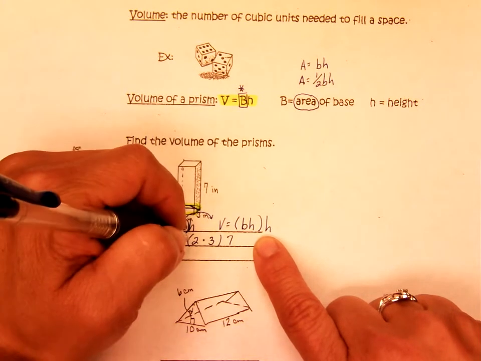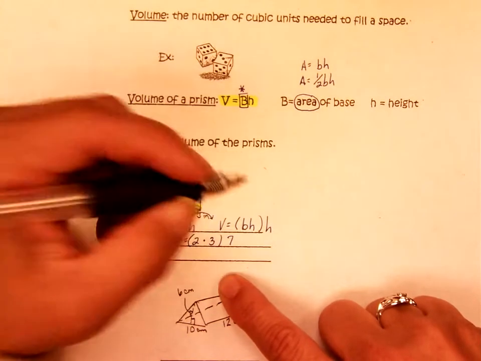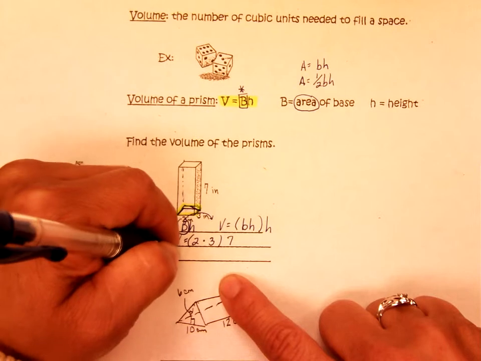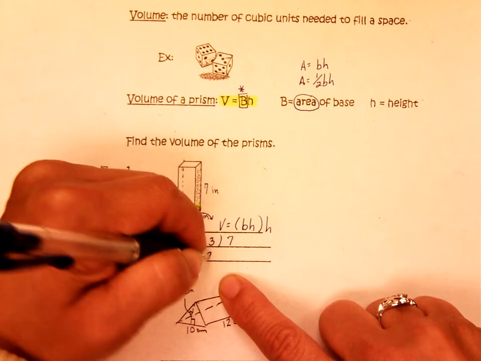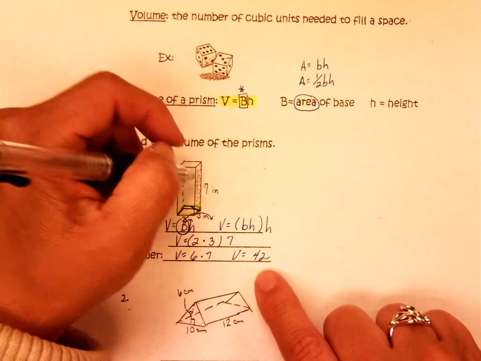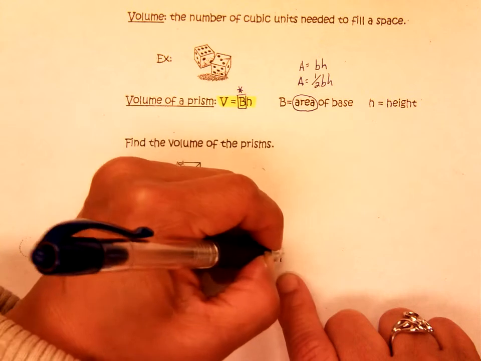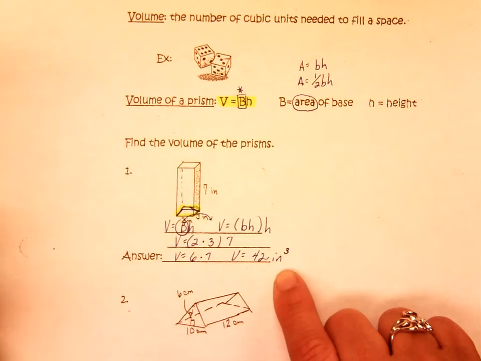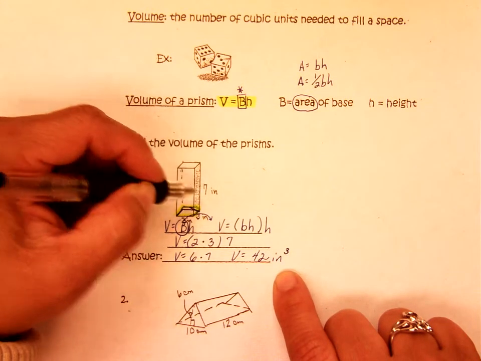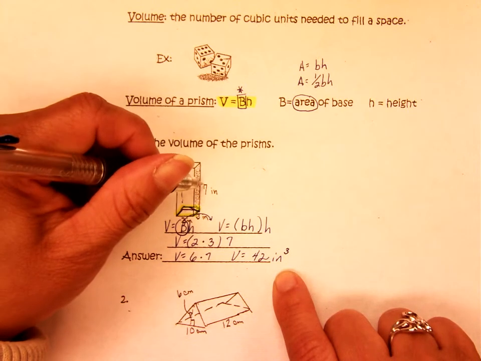Multiply this out and you get V is equal to 6 times 7, which is V equal to 42 units, which would be inches. Because it's volume, it is cubed, not squared anymore, because you're multiplying by 3 numbers: the area times the height of the prism.